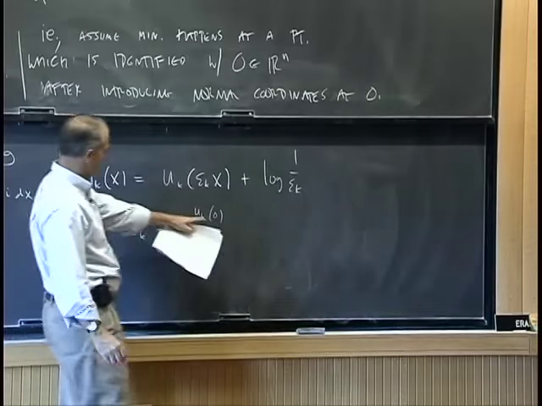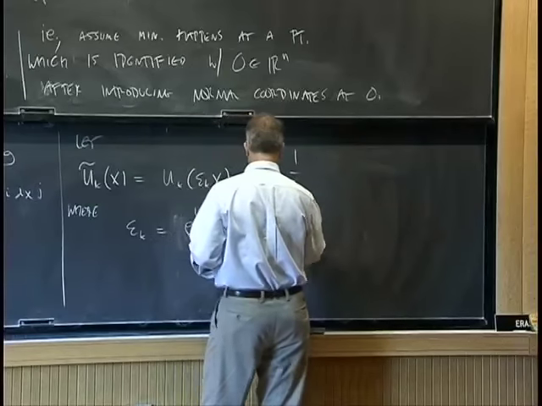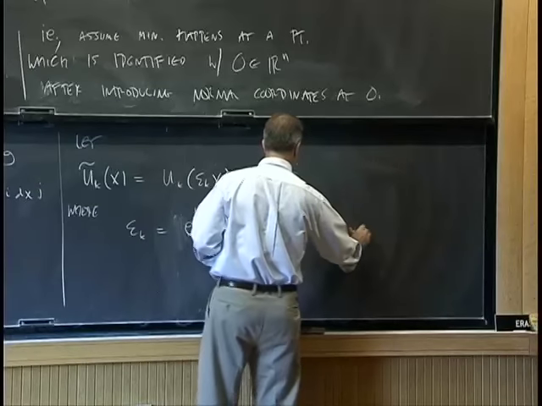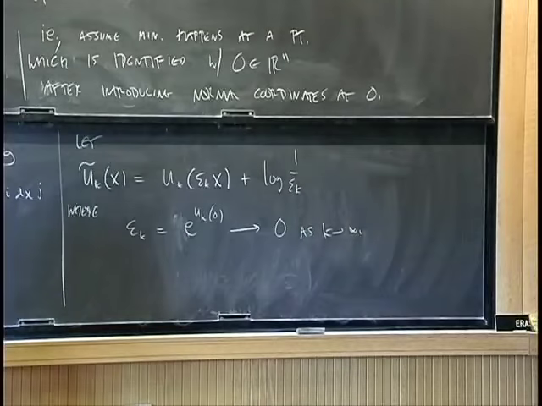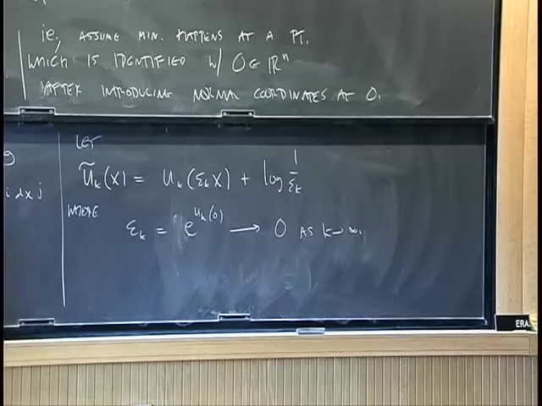In other words, UK tilde at the origin is 0, and epsilon k goes to 0 as k goes to infinity by assumption.